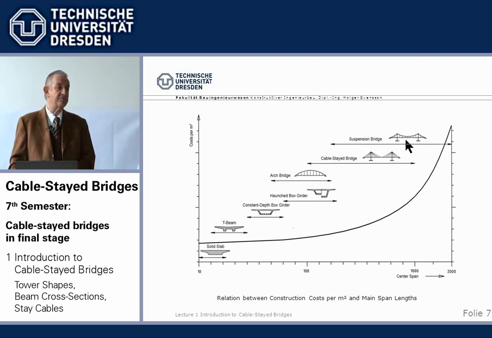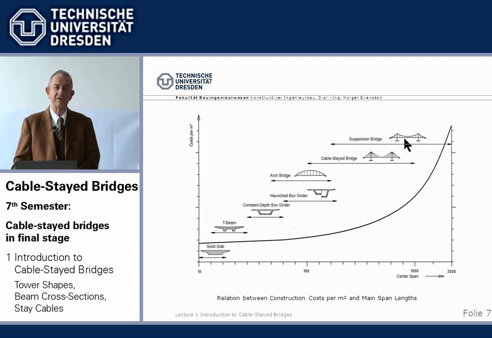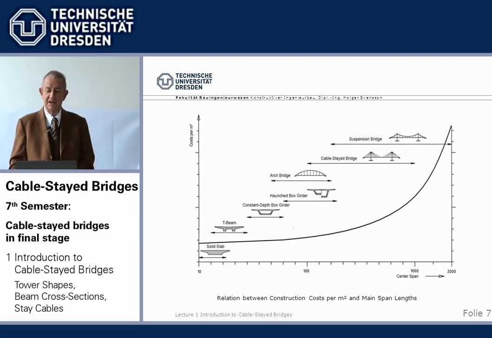Above cable-stayed bridges, above 1,000 meters, there are the suspension bridges, where the world record is now 1,990 meters. So the cable-stayed bridges cover a broad range of spans between 100, 200 meters, maybe in cases up to more than 1,000.